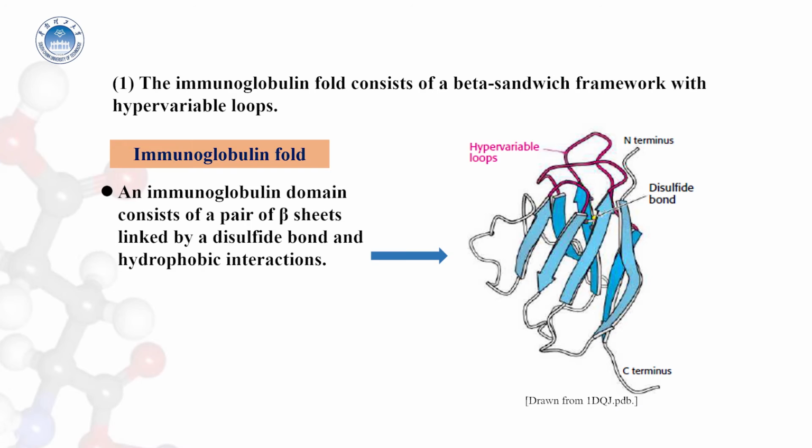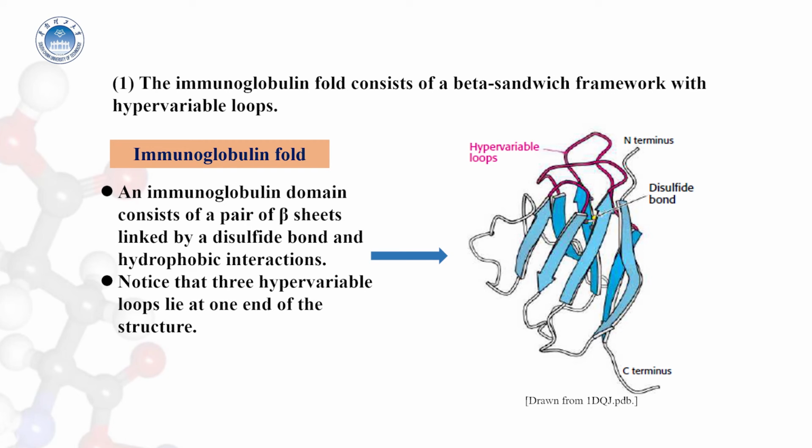A single disulfide bond bridges the two sheets. Two aspects of this structure are particularly important for its function. First, three loops present at one end of this structure form a potential binding surface. These loops contain the hypervariable sequences present in antibodies and in T-cell receptors.